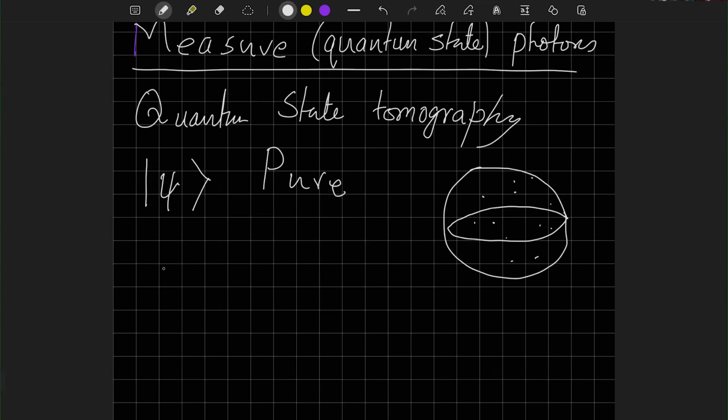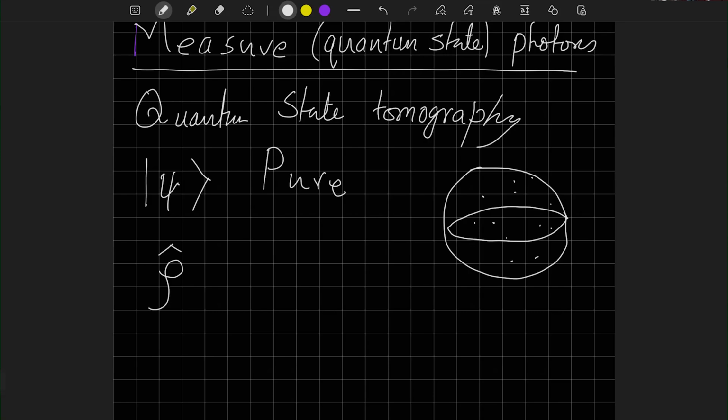The density operator rho is an operator which is also representative of a quantum state, and it's more general than a pure quantum state representation because it's very hard to prepare pure quantum states. It's really, really hard. For photons, it's relatively easier, but still, it's impossible to create a perfect quantum state.